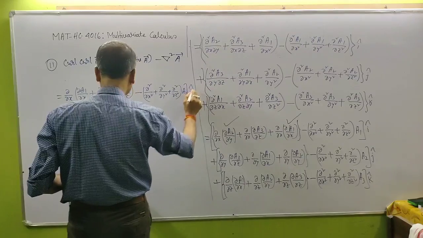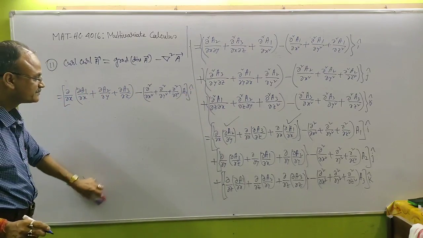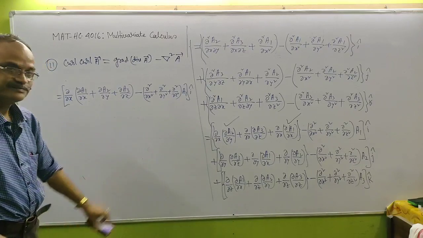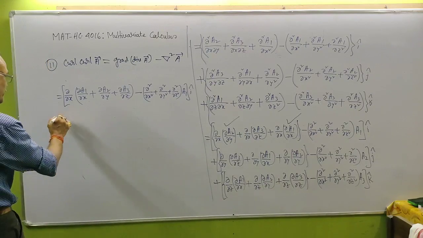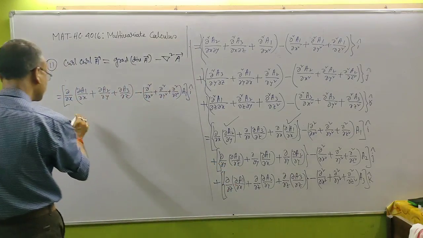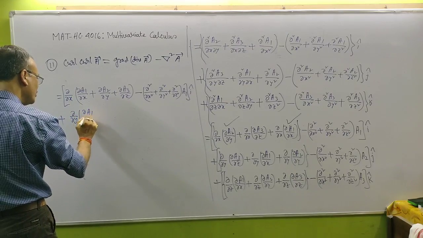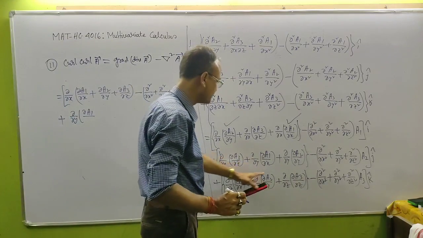A1, this is i cap. Can I write like this? Plus, see the second step, del by del y of, again you may write del A1 by del x.